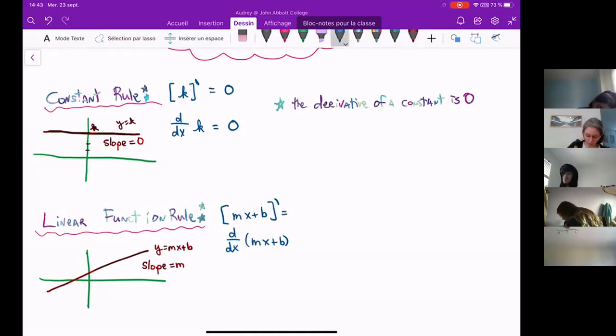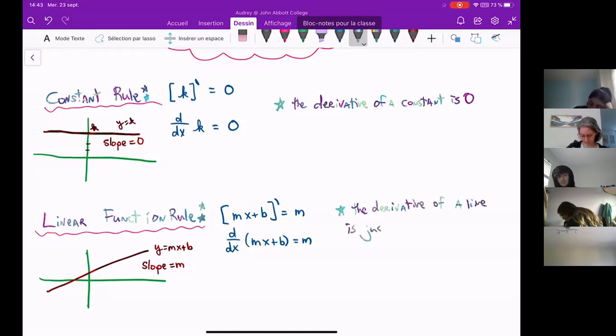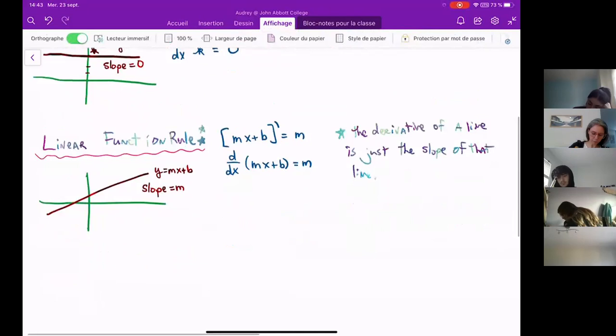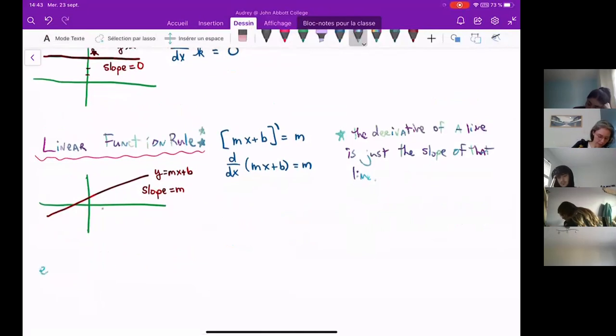So the derivative of a line is just the slope of that line.